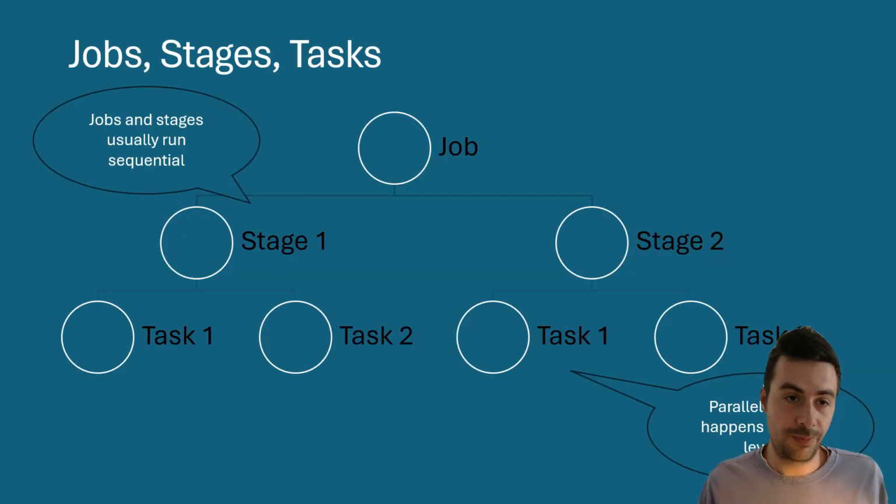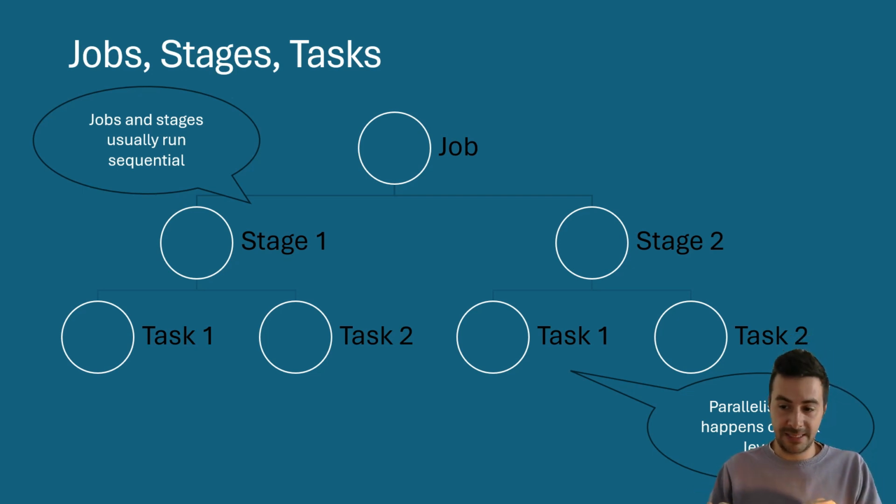Another thing which is also important is that we have something called jobs, stages and tasks. Tasks are where the parallelization happens, and each task is executed by one core, so by the executor worker in our architecture. Jobs and stages usually are the sequential execution.